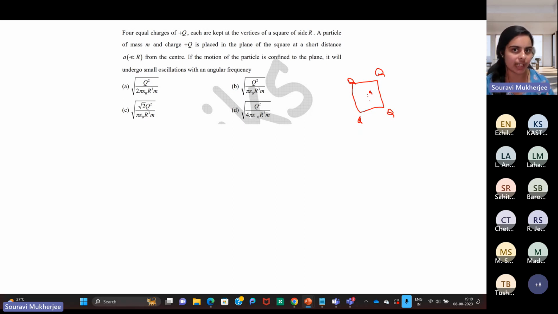So F equal to omega square a, or F equal to omega square x. So in that case, from the coefficient that you have in front of a in the expression of force, you can find the angular frequency. So what you have to first do is try to find the expression for force from these 4 points, right?